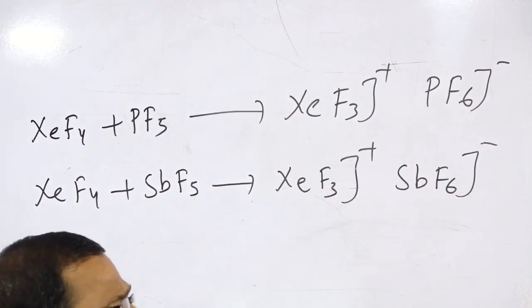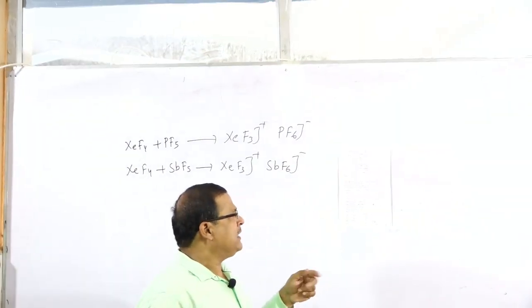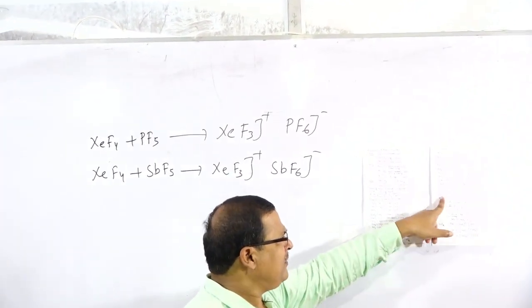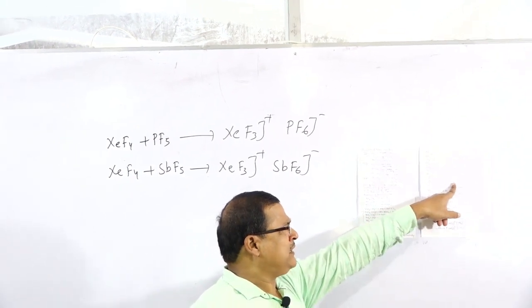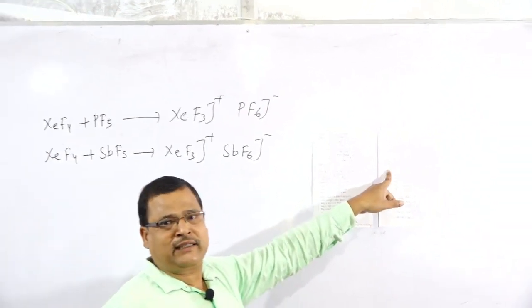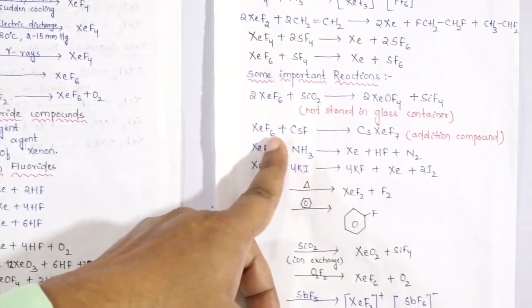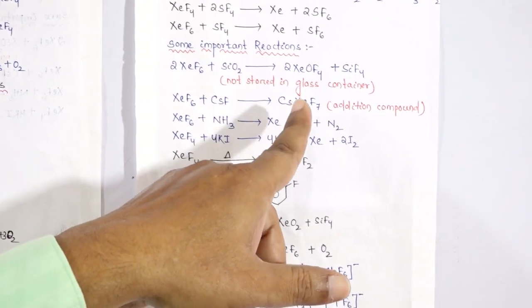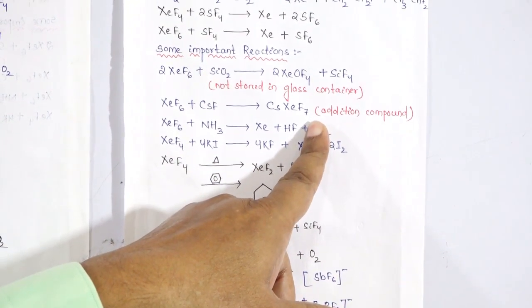So next we will see the very important properties which we have already discussed. These are the important reactions which we have already discussed. Xenon hexafluoride reacts with SiO2 to form XeO3 and SiF4, so it is not stored in glass containers. Xenon hexafluoride reacts with CsF to form CsXeF7, the formation of an addition compound.